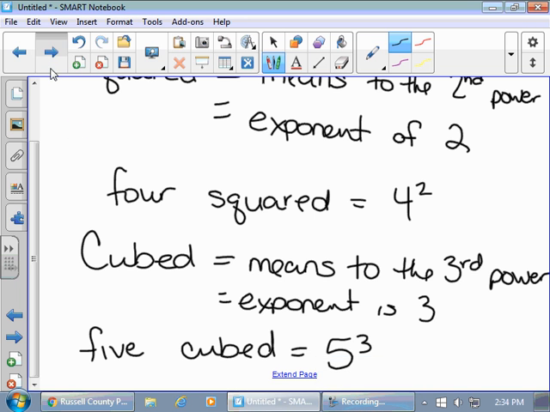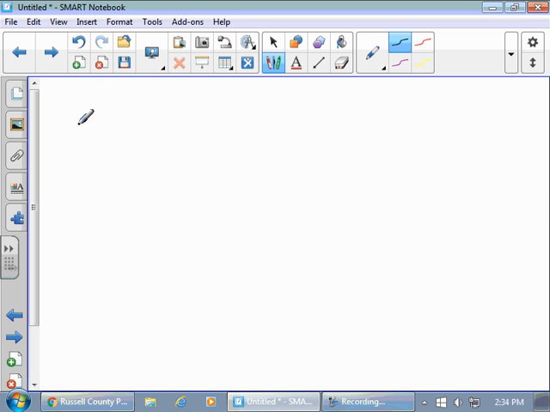Alright. The others that you might see, when they say anything is to whatever power, that's the exponent. So if they say something is to the 4th power, my exponent is 4. Whatever it is.